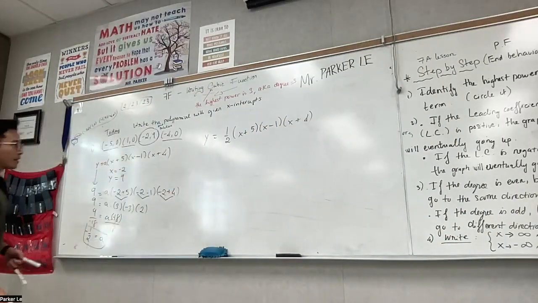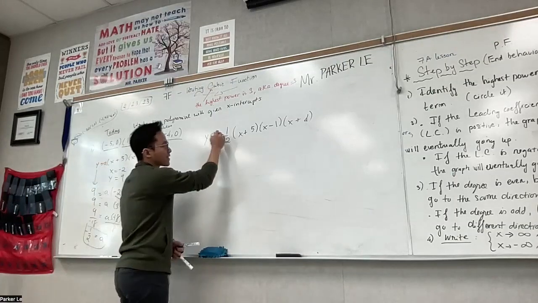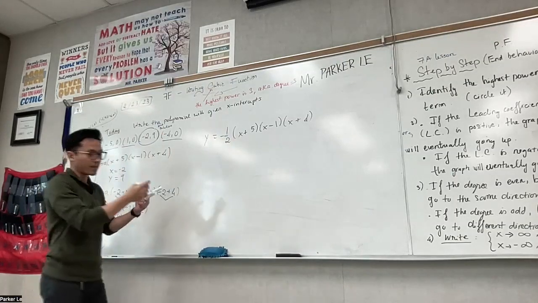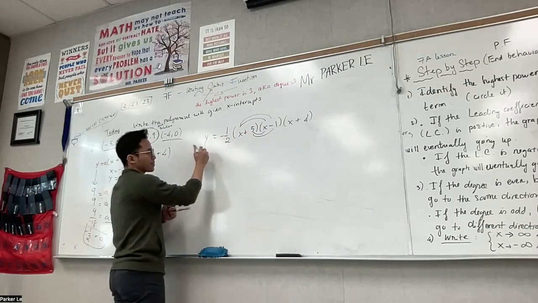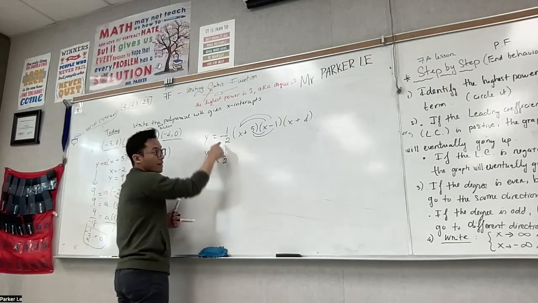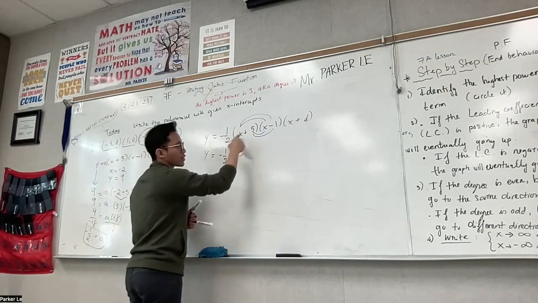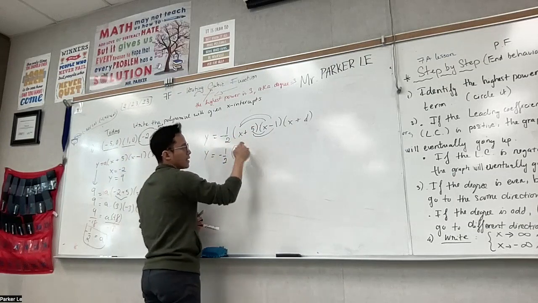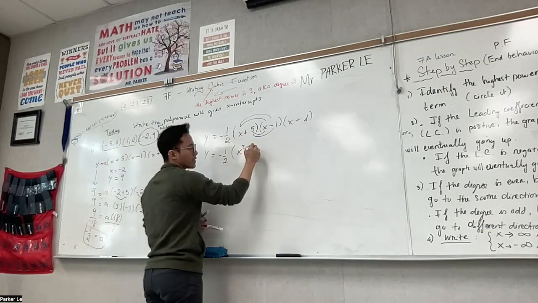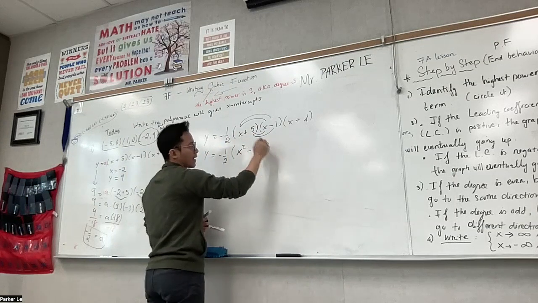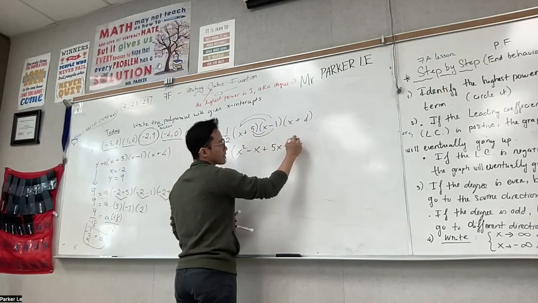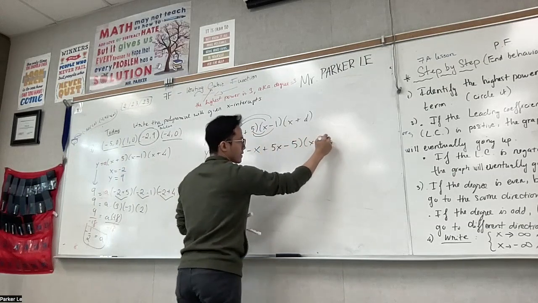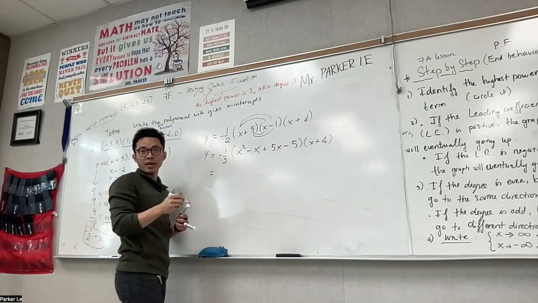Okay, now, oh yeah, thank you, good catch. Negative 1/2. See, that was a mistake too. Multiply this. Copy down negative 1/2, don't forget this, okay? So x times x is, x times negative 1 is, 5 times x is, 5 times negative 1 is, now combine the like terms.